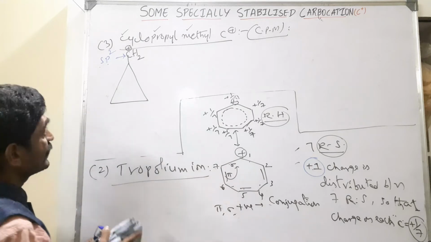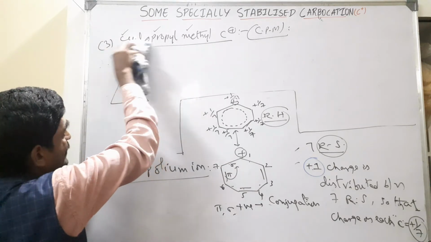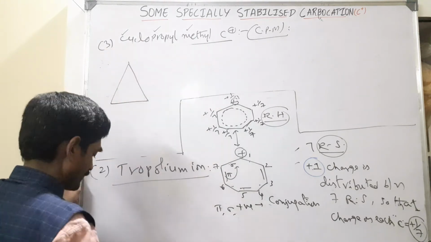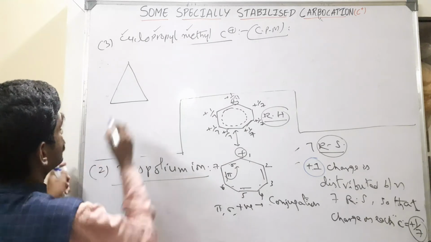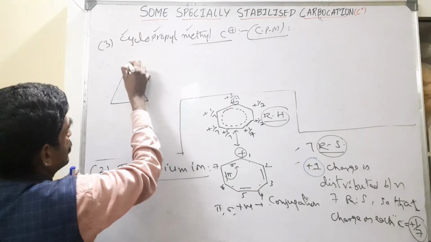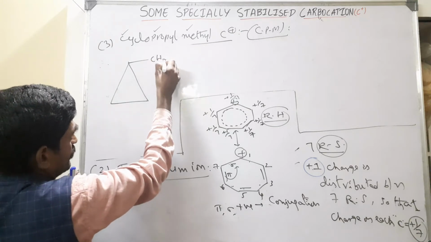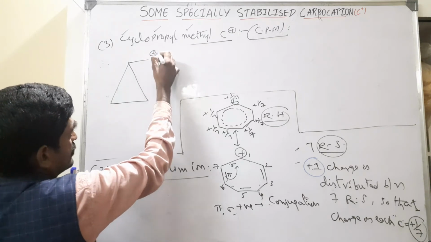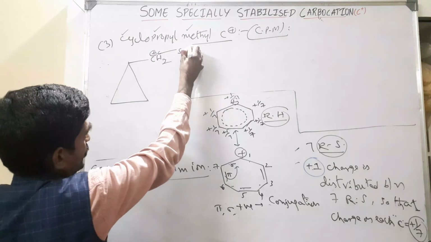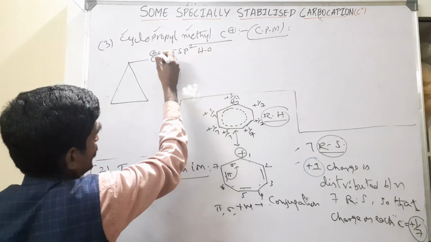So this carbon has one pure p atomic orbital. For our convenience, to understand, you can represent it like this: CH2 plus. This carbon undergoes sp2 hybridization, and the sp2 hybrid orbitals are there.